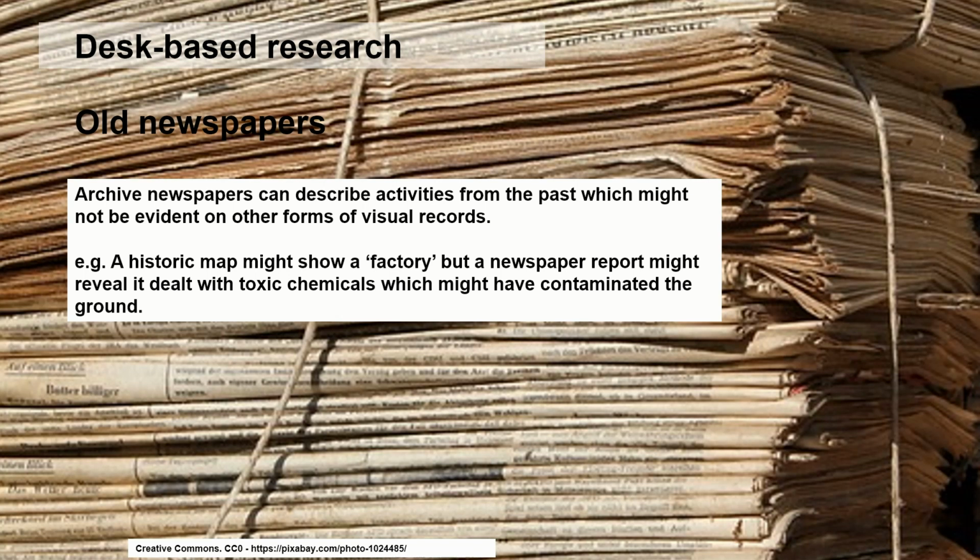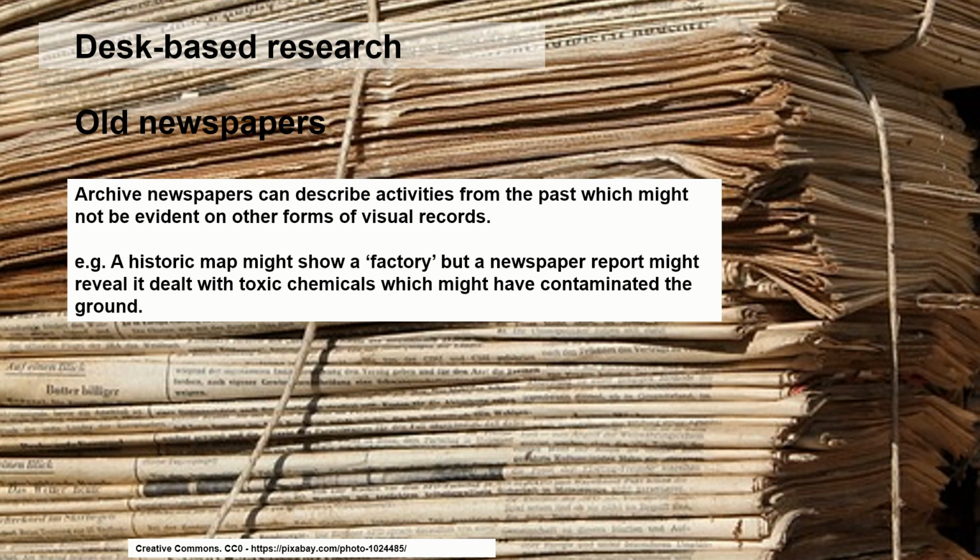Old newspapers are another method that you can use to understand your site or the activities that went on in the site. They can give you information about activities, maybe news of events that happened on the site that are not evident from visual or drawn records.